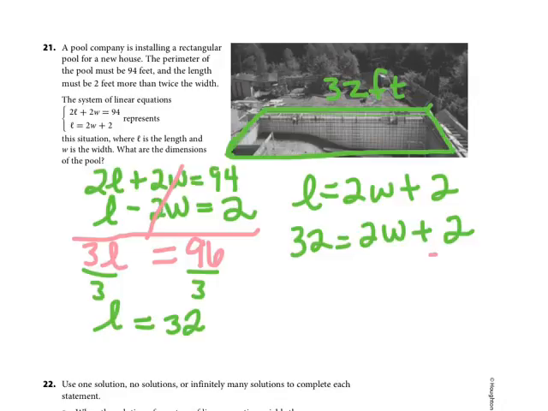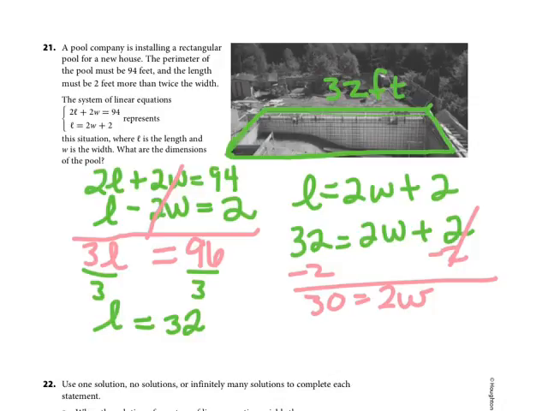So I'm going to subtract 2 on both sides. And these are going to cancel. I'm going to end up with 30 equals 2W, 2 widths. And then I'm going to divide by 2 on both sides.